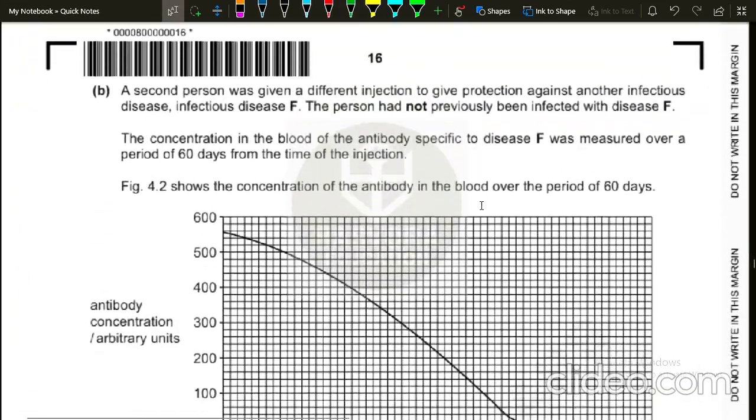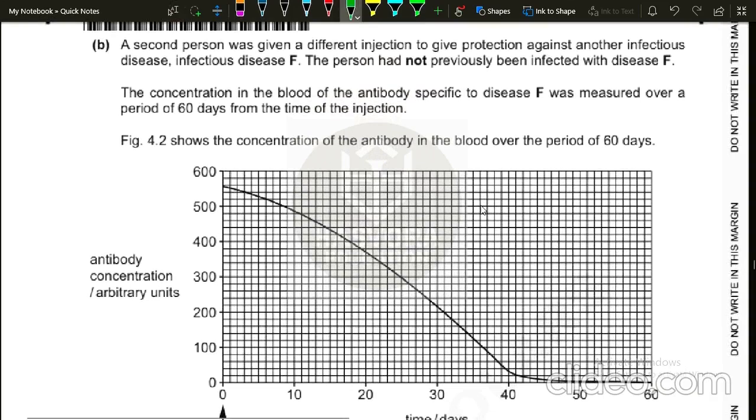So let's move on to the B part, which says the second person was given a different injection to give protection against another infectious disease F. The person had not previously been infected with the disease F. The concentration in the blood of the antibody specific to the disease F was measured over the period of 60 days from the time of the injection.